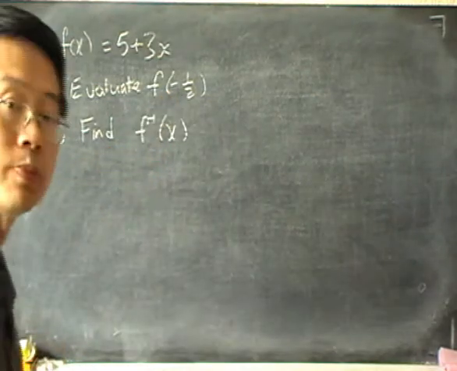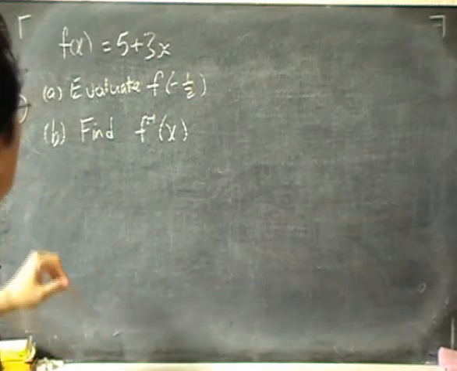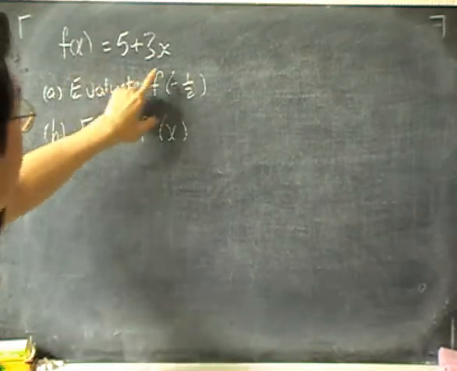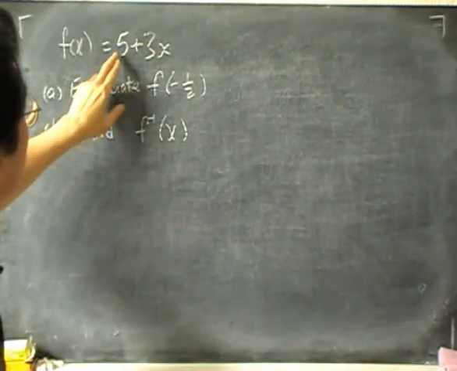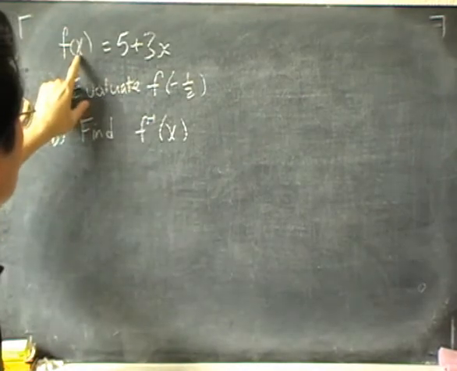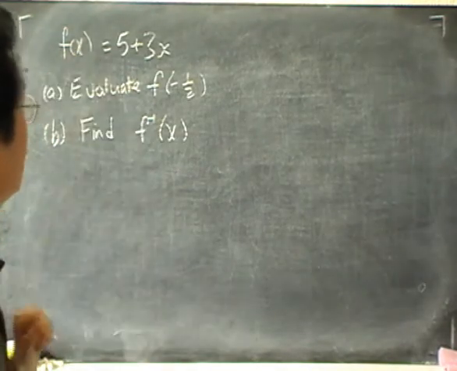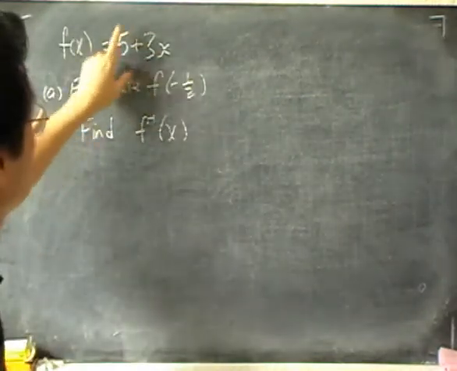A function is just a kind of rule to tell us how to find a certain number. And when we say f(x), it means that the number x will determine what the answer is.